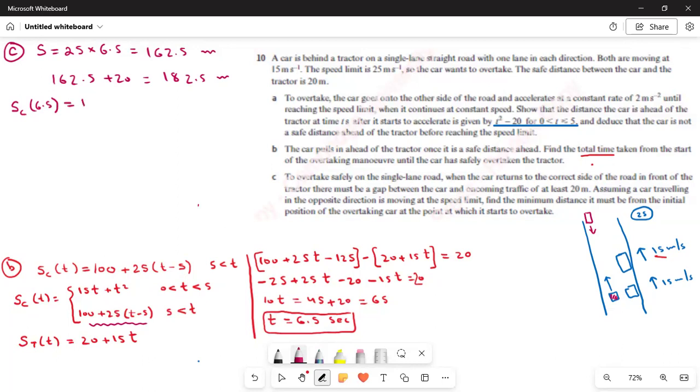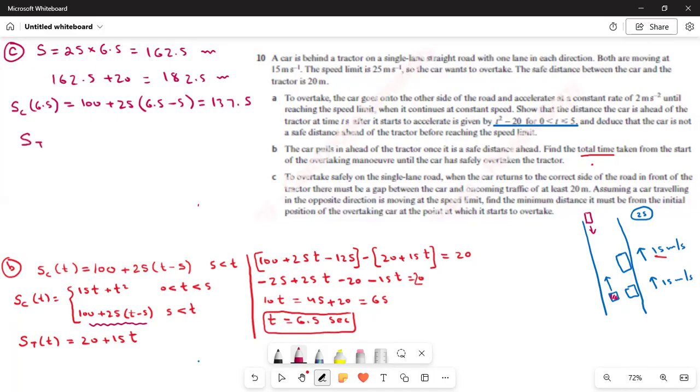Okay, this is 100 plus 25 and time is 6.5 minus 5. So this would be 100 plus 25 times 6.5. Yes, 137.5.